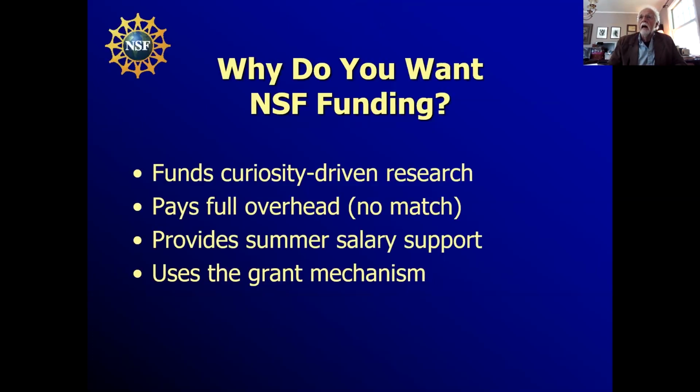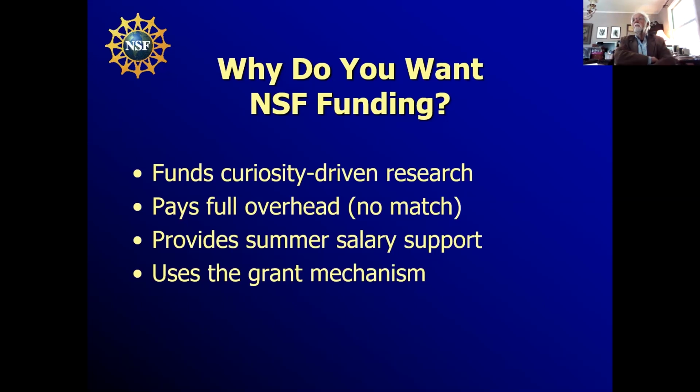Okay, next is, why do you want funding from us? Well, we are a great place for money. We will fund curiosity-driven research. We pay full overhead. In fact, it is illegal for us to pay less, and it is illegal for us to accept a match from your school.